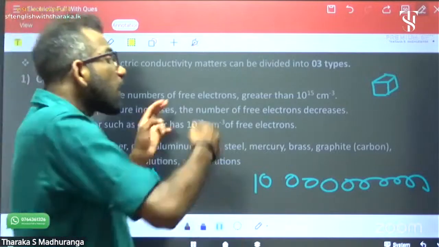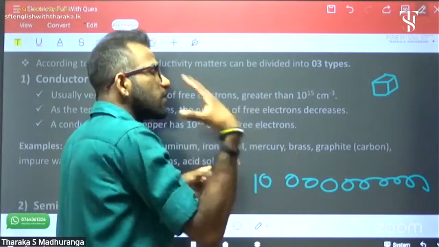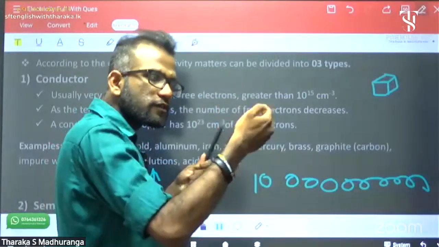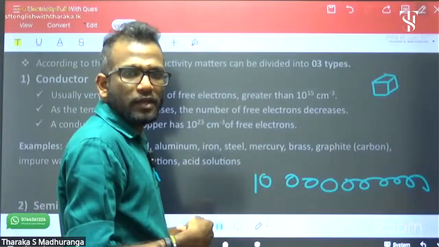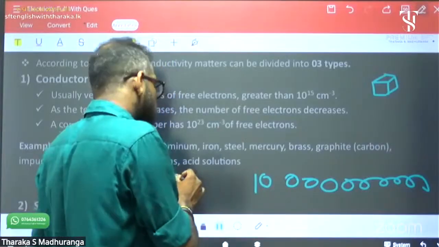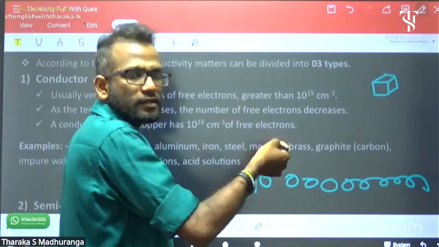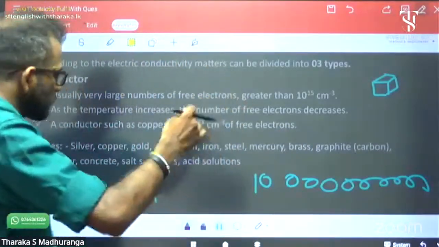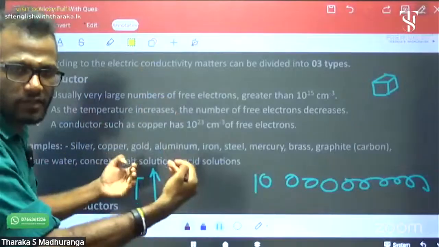Remember, in conductors like copper, aluminium, with temperature, these free electrons are decreasing. I can explain the reasons for that in the temperature part. Therefore, with temperature, the conductivity is decreasing.